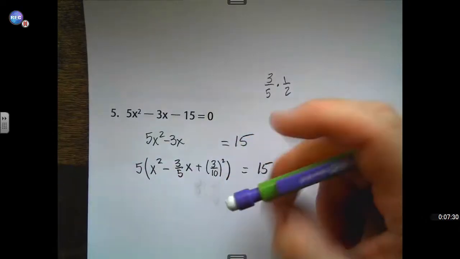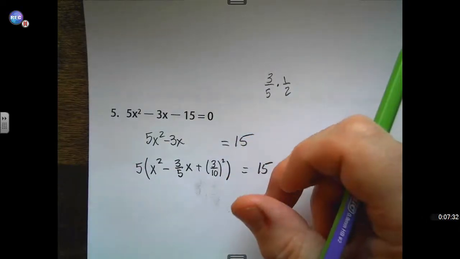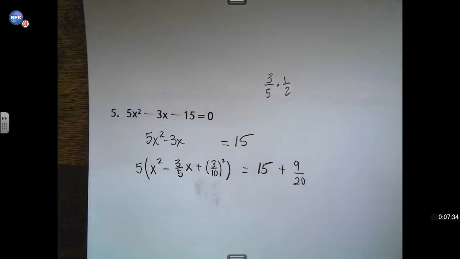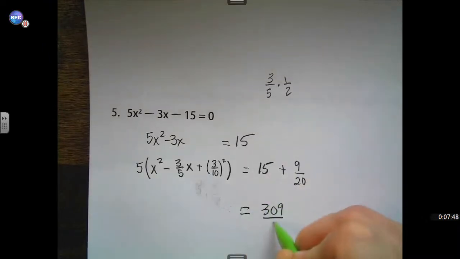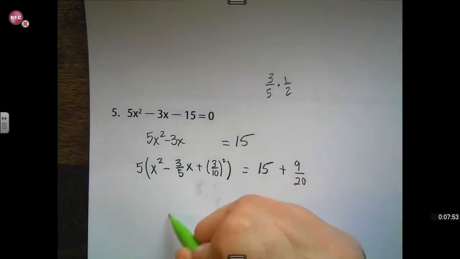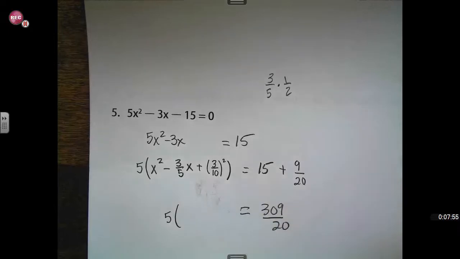And then 9 over 20 plus 15 is, that's what I thought, 309 over 20. And so I'm going to have 5 times the quantity.